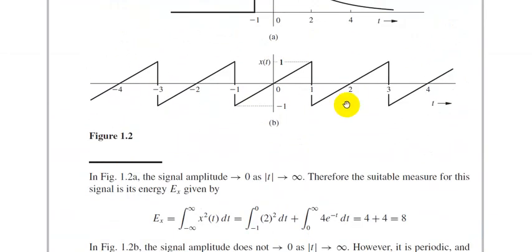To determine the power of a periodic signal, we take the full periodic portion of the signal.